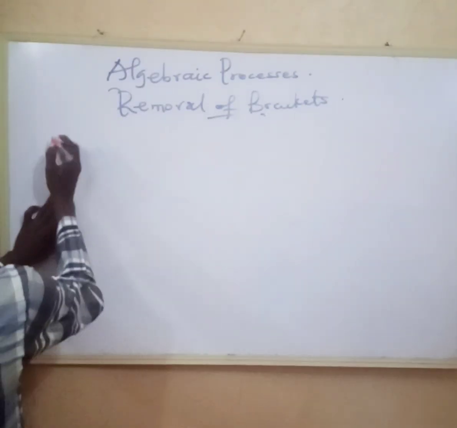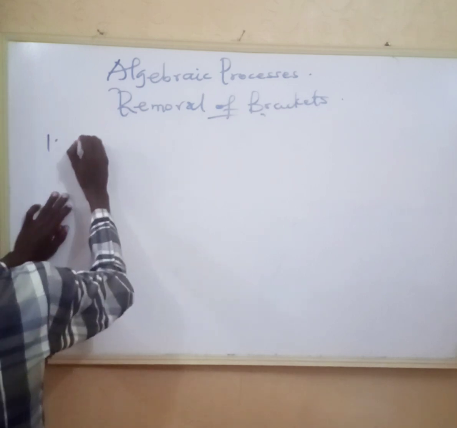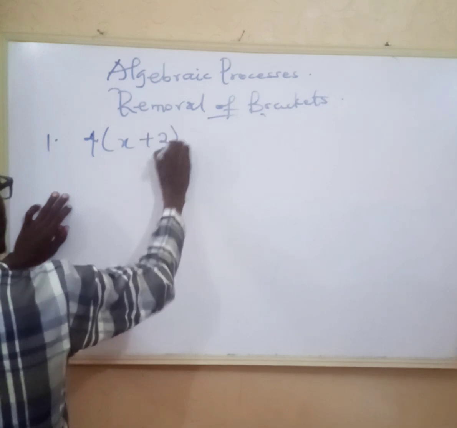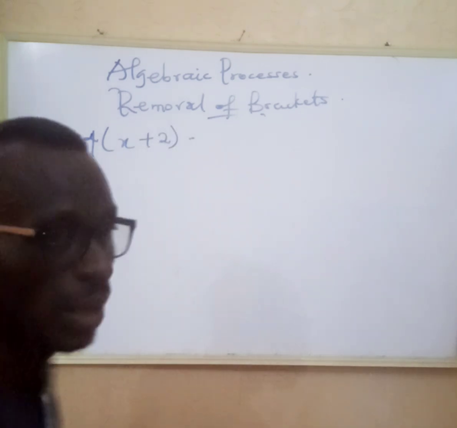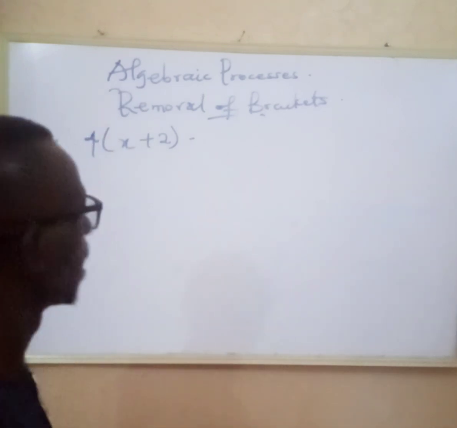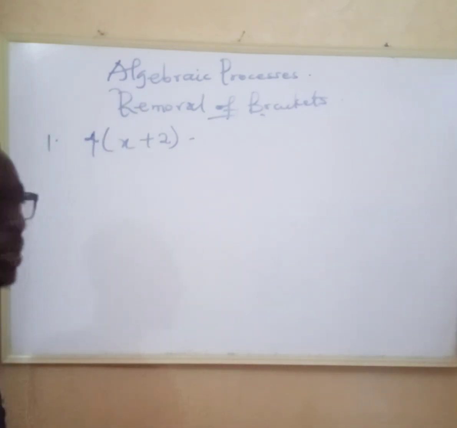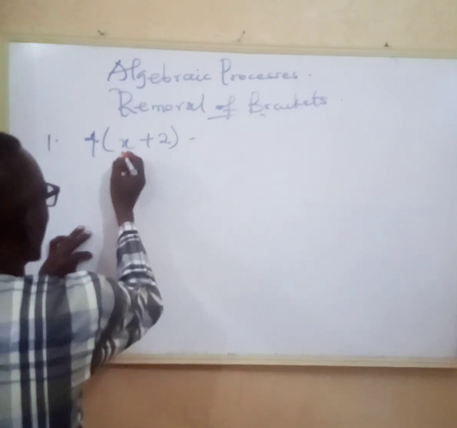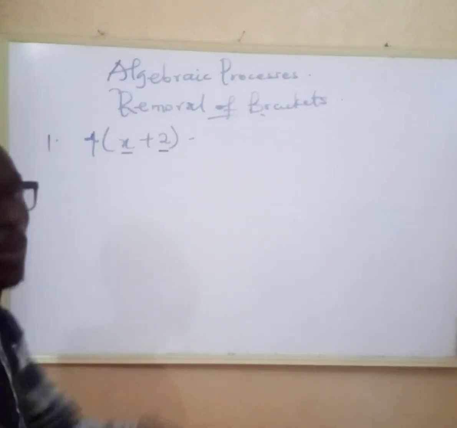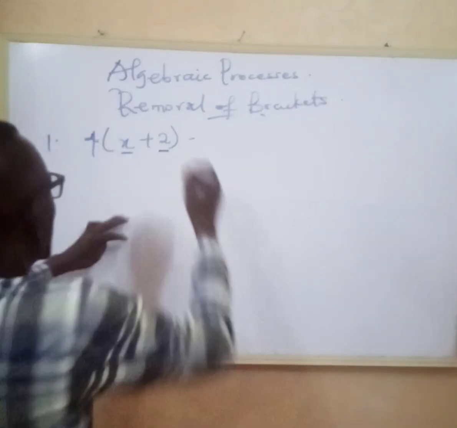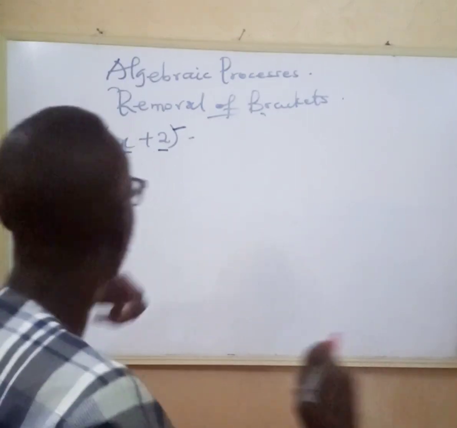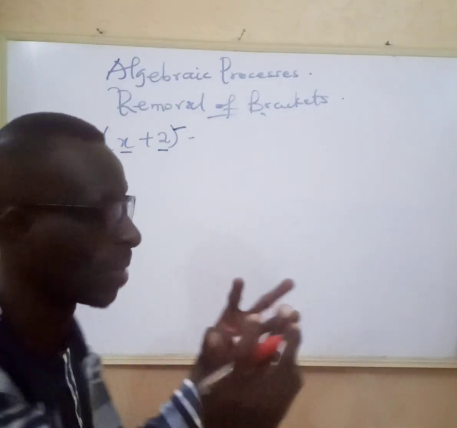Let's look into question 1, where we have 4 into s plus 2. We are trying as much as possible to remove the brackets. In the last video, we made mention of a Silver Crest Blender, where this s represents the engine, this 2 represents the core, because this bracket has to do with the confined domain or the pack of the Silver Crest Blender.